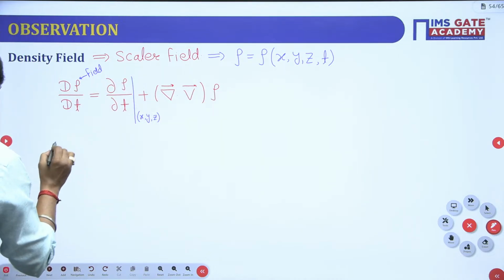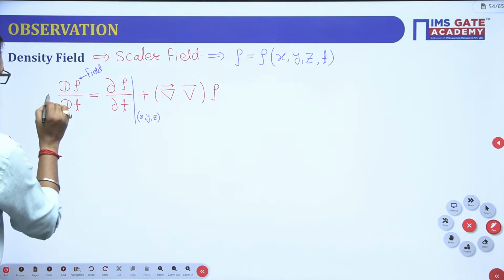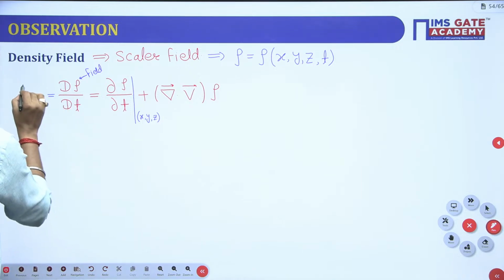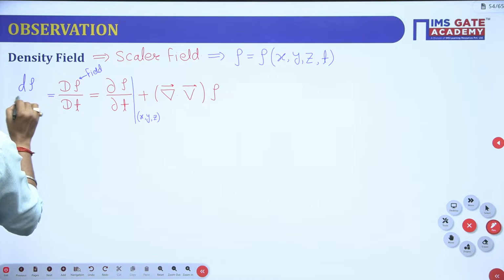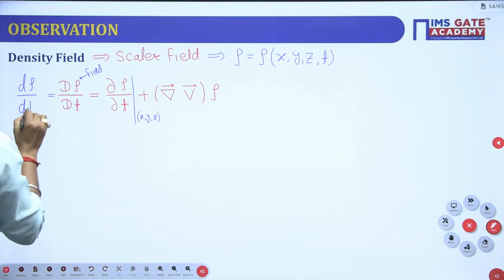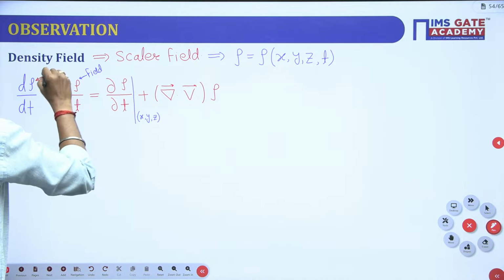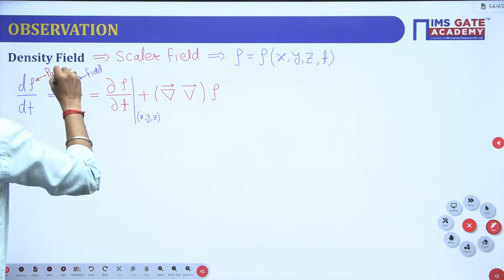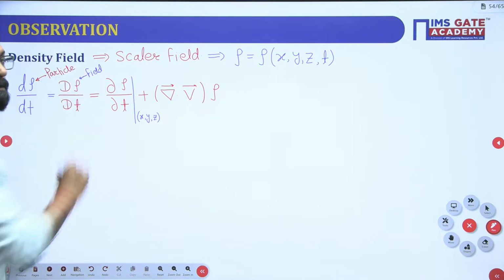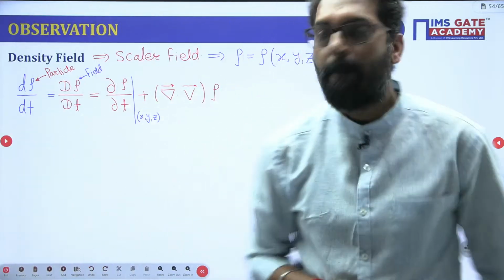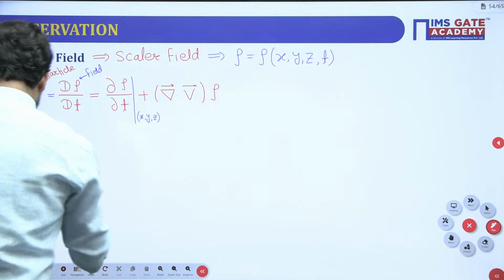Now, if we write this as d rho by dt, this is for the particle. Now, you have to split it.